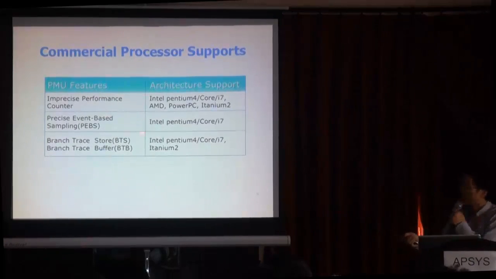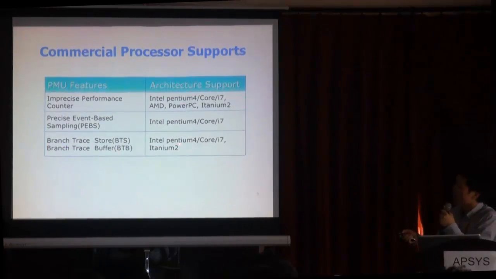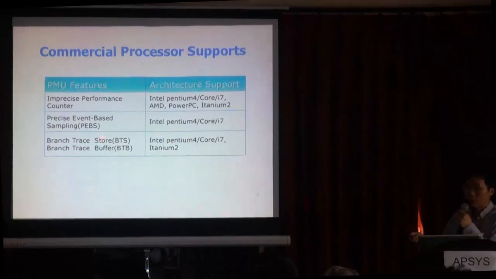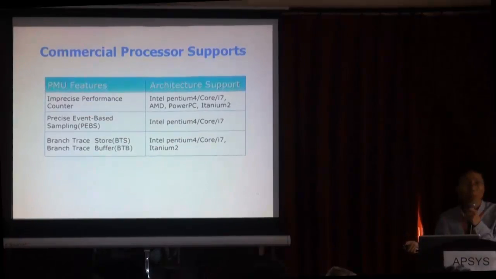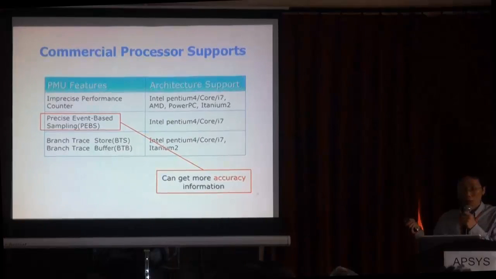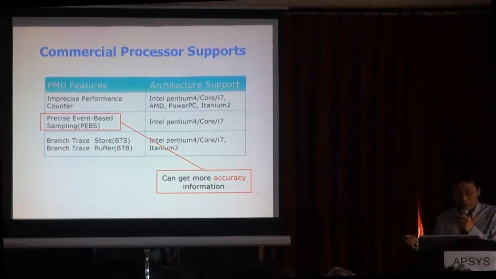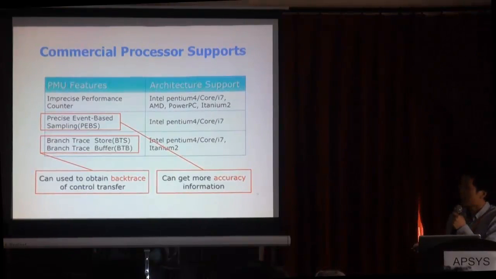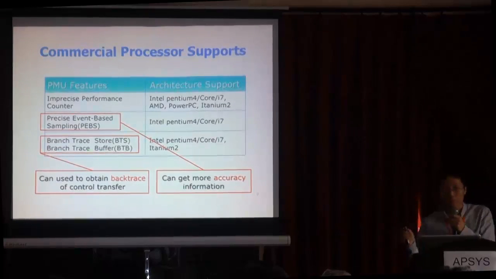They also have branch trace store in the newer processors. Also in the i7, they have a branch trace buffer, which is similar to branch trace store. So we can use PEBS to get more accurate information about the performance samples, and we could use branch trace store to get a backtrace of the control transfers.